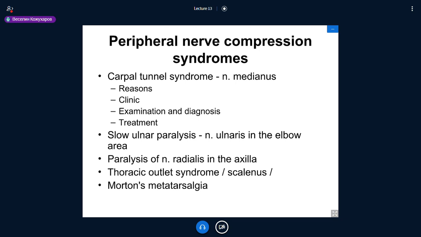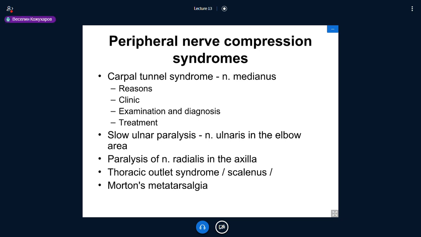Sometimes articular disease, degenerative articular disease, could narrow the space for the median nerve, and it's very interesting to find out the real reason for this carpal tunnel syndrome. Clinically, the syndrome is presented by paresthesia in the region of spread of the median nerve.